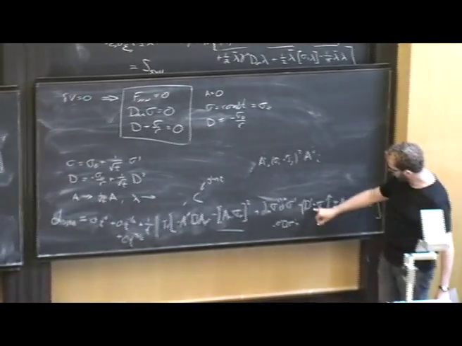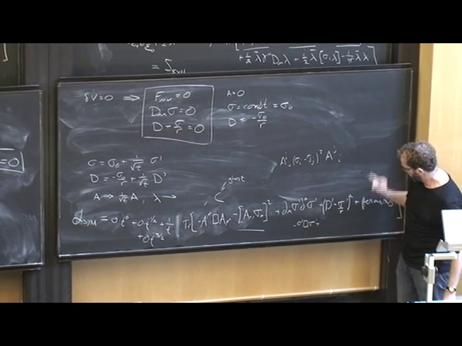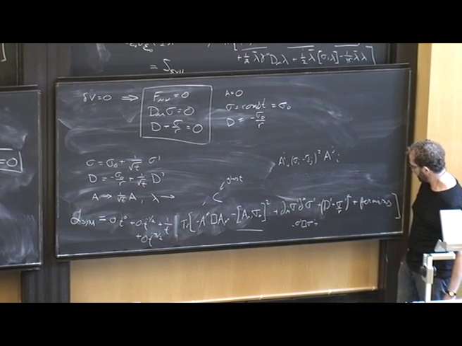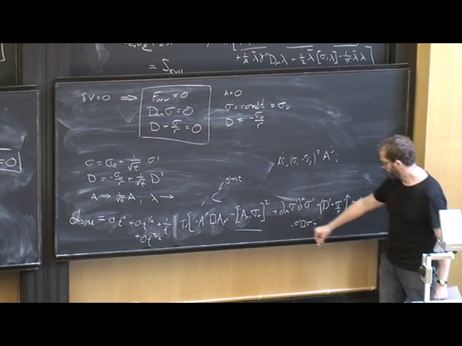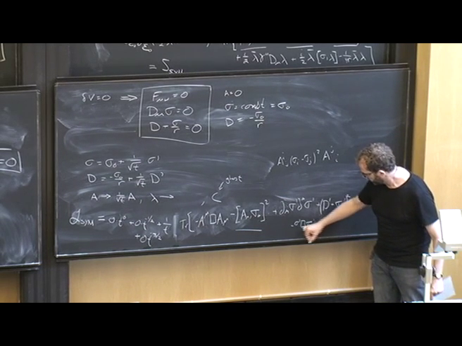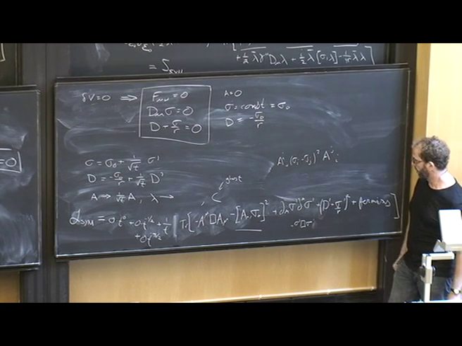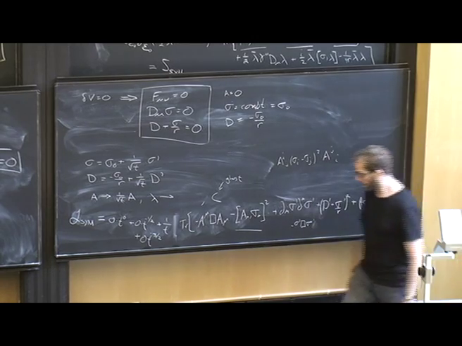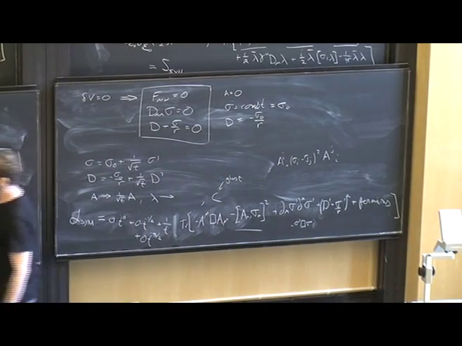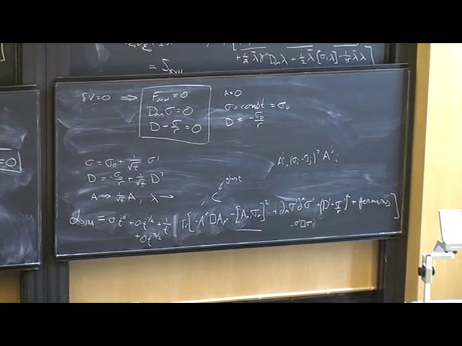Actually, this t integral, you can just do it because it's a Gaussian. It's independent of sigma naught. And then you have this integration over sigma prime, which is also independent of sigma naught. So I will ignore anything that is independent of sigma naught.